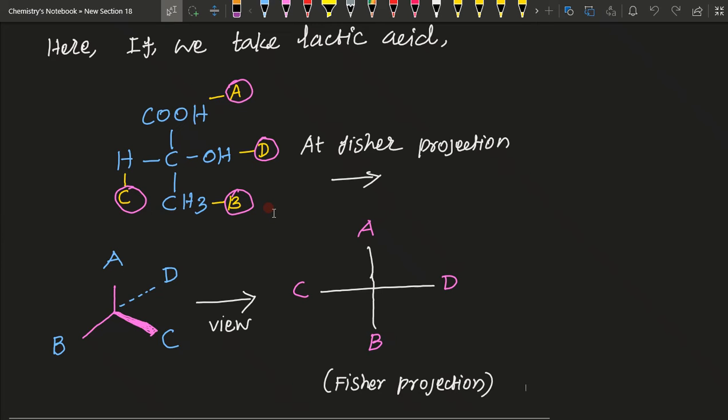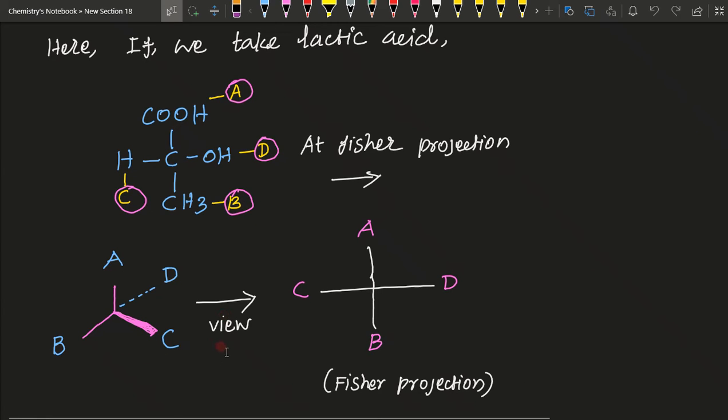Next, methyl group is B. C is the hydrogen, alcohol is the D. In Fischer projection, see carefully, the carboxylic acid goes to top, methyl group goes to bottom. Left side one is hydrogen, right side is the alcohol.